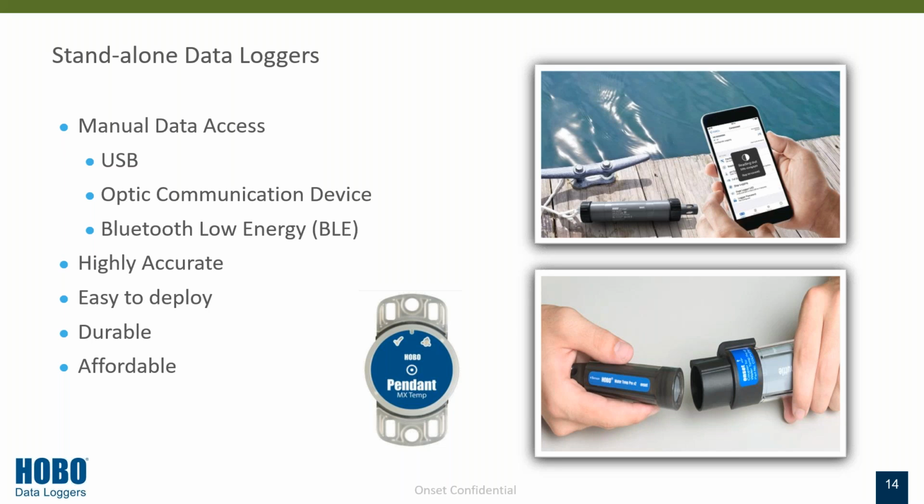All of these loggers are highly accurate, easy to deploy, pretty durable, and most importantly, affordable. You can see here, there are the couplers that will attach to different USB loggers. Those do come with the base station or the waterproof shuttle. You don't have to worry about purchasing those separately.